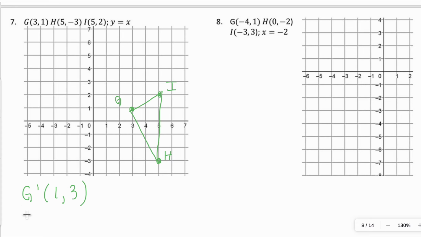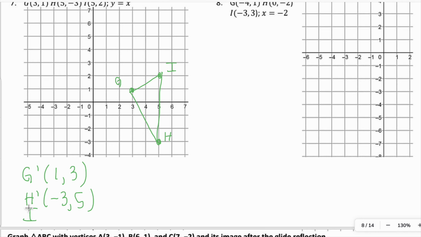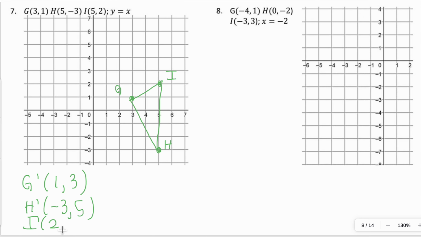So G prime is 1, 3. H prime will then be negative 3, comma 5. And I prime would be 2, comma 5.